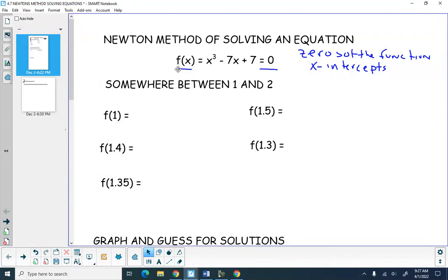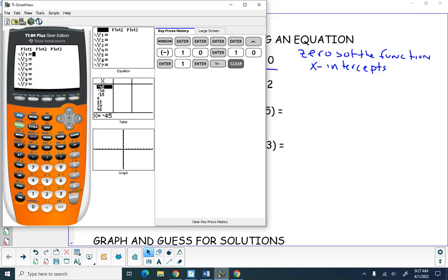But what we're going to take a look at here first is, let's type the function into our calculator and take a look at the graph of this. So we're going to type in x cubed minus 7x plus 7.